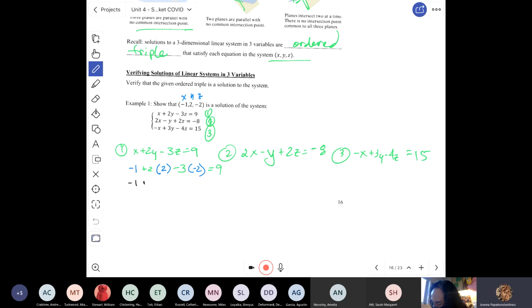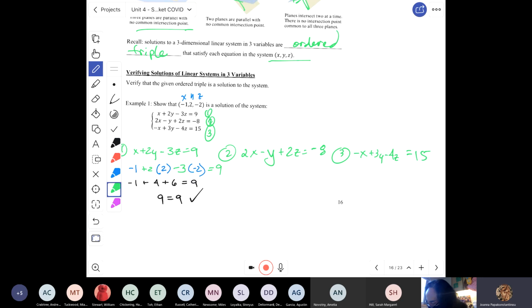So I have -1 plus 4 plus 6 equals 9. Is that true? Yes. So don't get excited. You can't say yet that it's a solution. We have to do substitution in every single one of these equations.